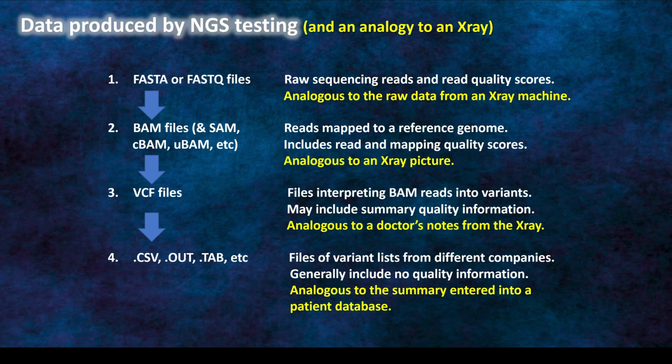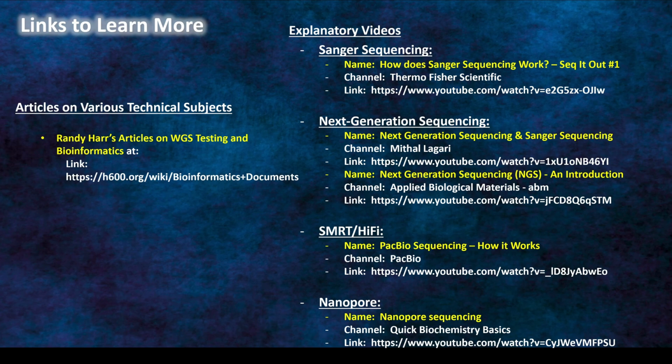Right. Now that may be all you ever wanted to know about DNA test types that relate to genetic genealogy. If it's just whetted your appetite to learn more, there's a number of places that I would suggest you start with as the next level down. Randy Harr actually has a wonderful website that he's put up that has a slew of documents and articles that he's written on various aspects of next generation sequencing testing mostly.